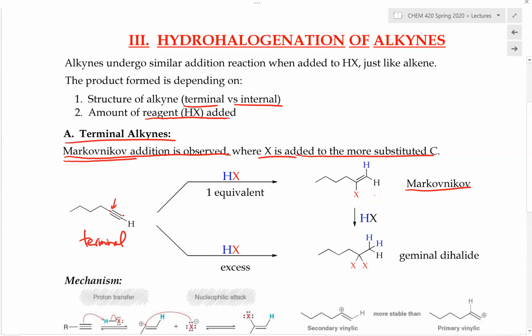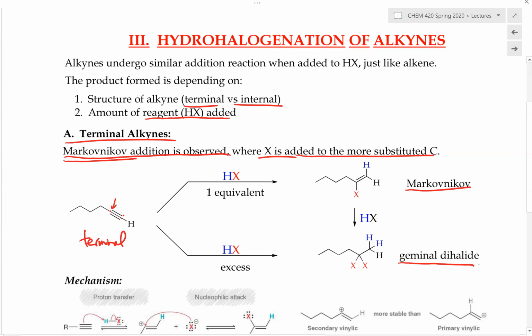And if we were to now have excess HX, then we can see that this is very similar to an alkene, and we know that an alkene would react further with the HX. So in this case, if we have excess, this alkene right here will react one more time to now produce the geminal dihalide.